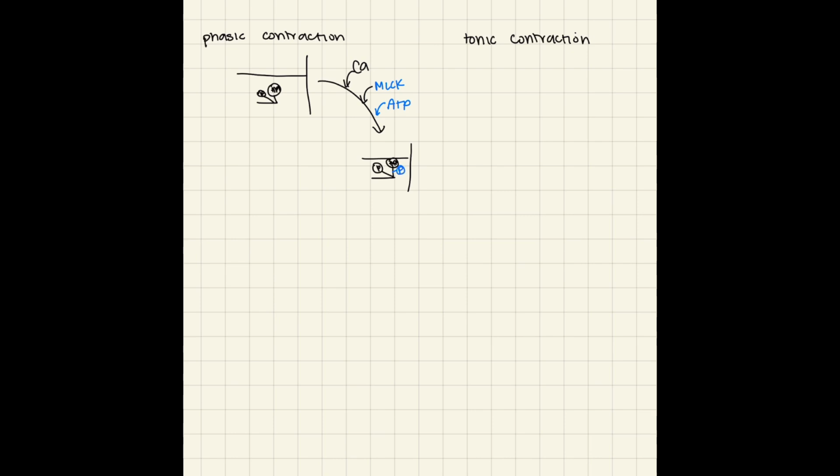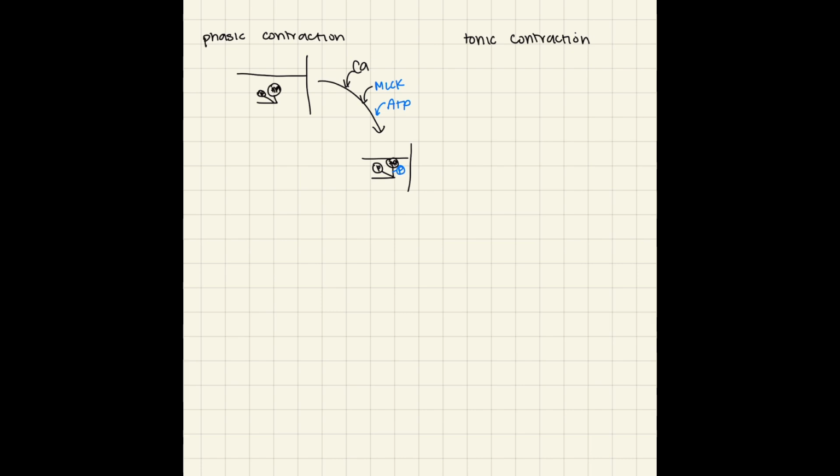It's important to note that smooth muscle does not have troponin. So the mechanism for ATP binding actually goes through the MLCK. The myosin light chain kinase makes the myosin have a higher affinity for the actin, so they're more likely to bind.